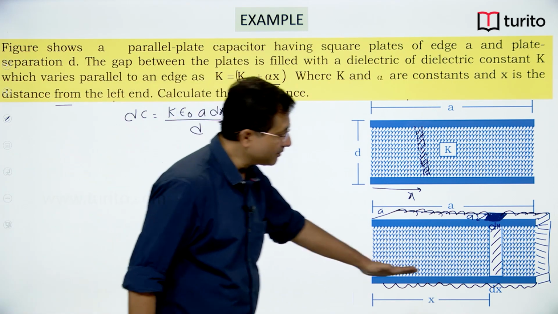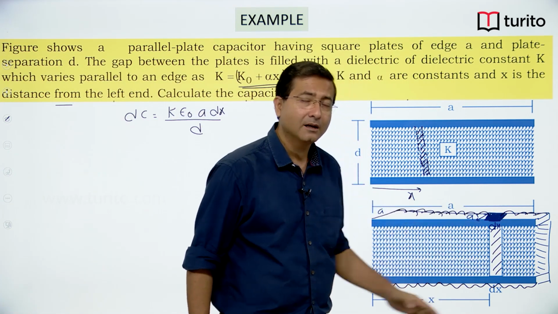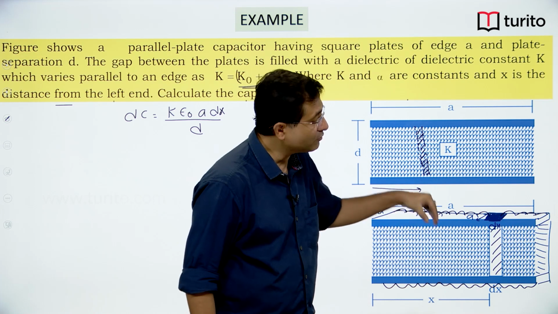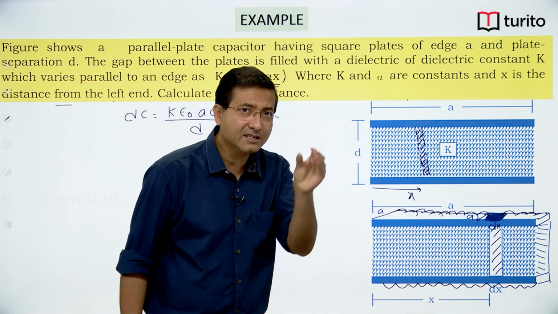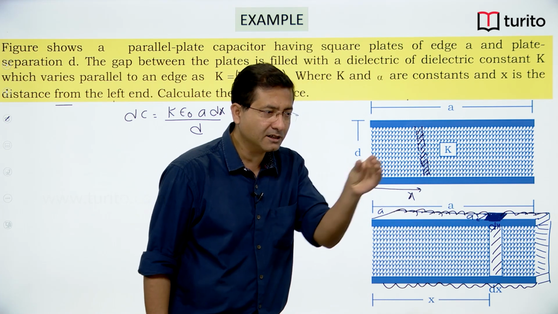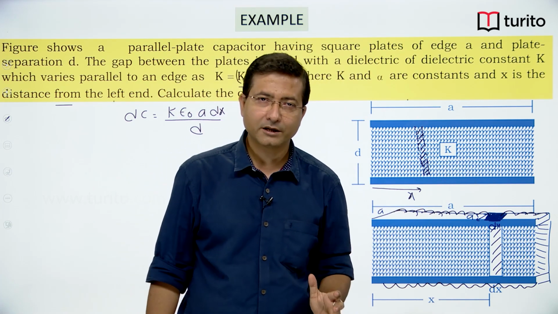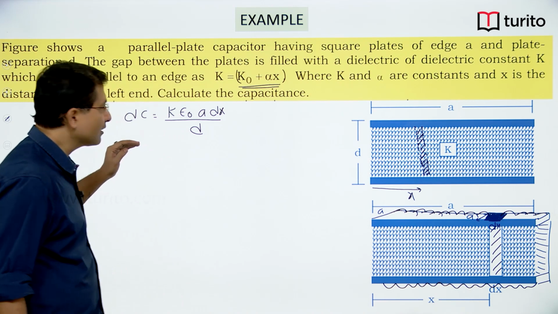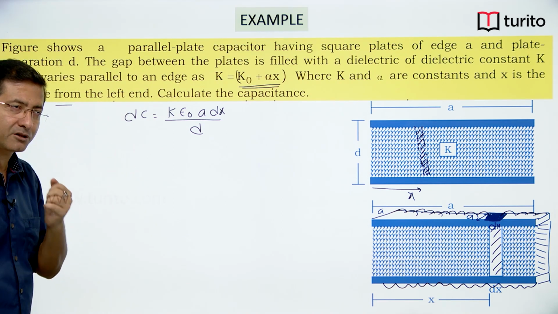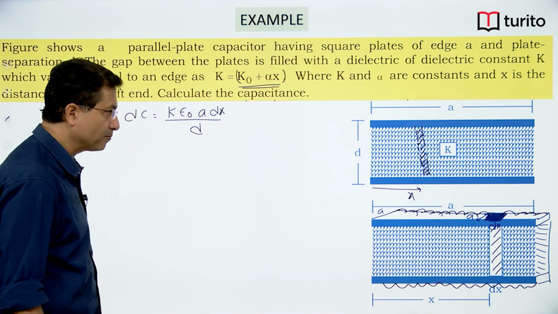I can visualize this as all dCs being in parallel combination. For a parallel combination, I just need to add the capacitances C1 plus C2 plus C3, like that.